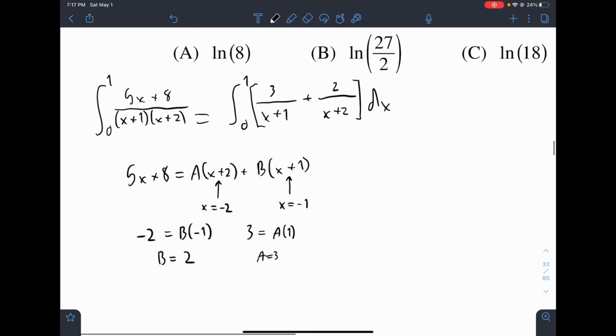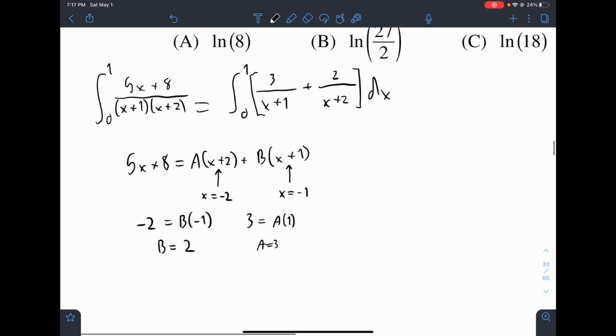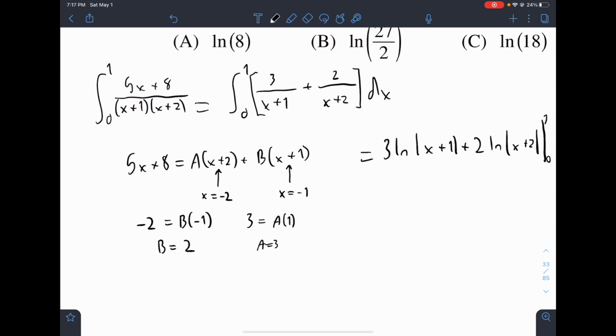So now you can use the reverse power rule, or in this case, just a standard antiderivative, to use the fundamental theorem. So this will equal 3 times the ln of the absolute value of x plus 1, plus 2 times the ln of the absolute value of x plus 2. And this will be from 0 to 1.